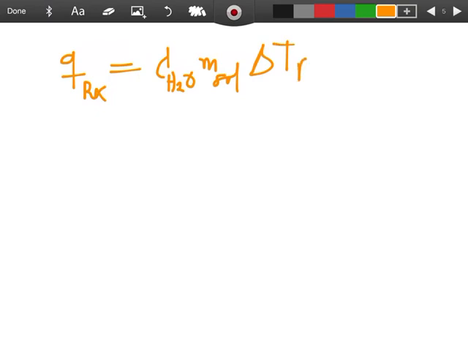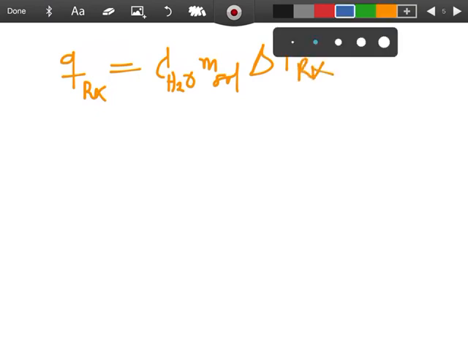Very well. So the Q of the reaction now is going to be defined as the C of H2O times the mass of the solution times the change of temperature of the reaction.